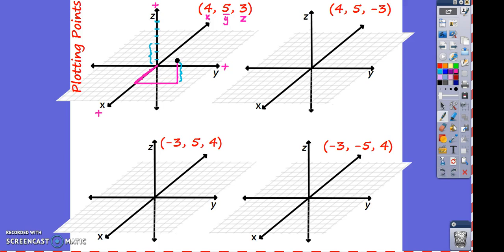This one's 4, 5, negative 3, just to see the difference. So we're going to come out to 4. We're going to go positive 5 in the y direction. And this time, instead of going up those 3 units, we're going to go below the floor, down 3 units. Again, this is my 3 units that I would have copied from my z-axis.